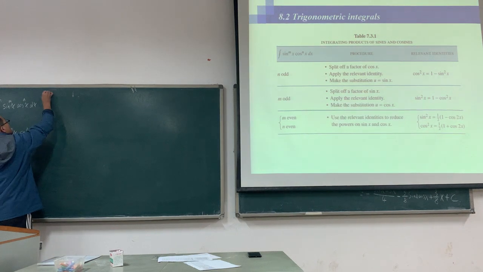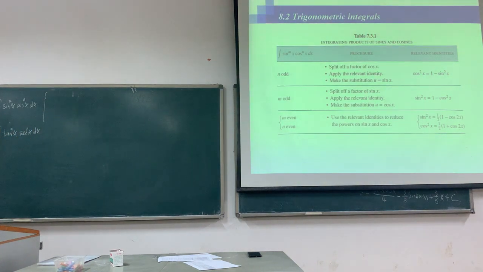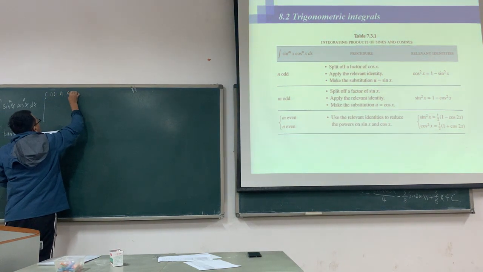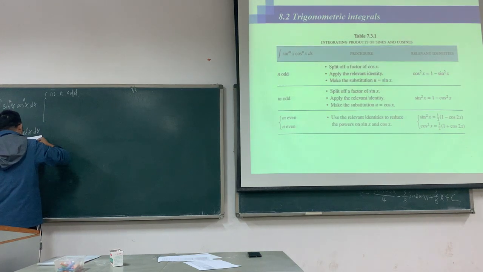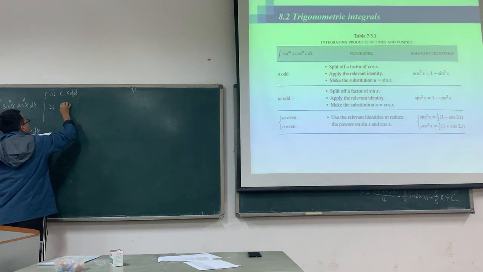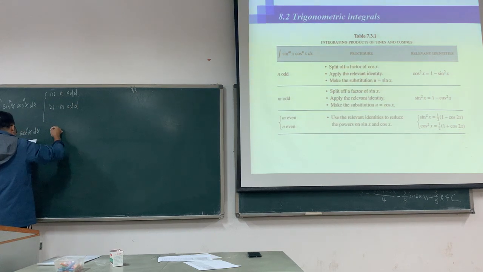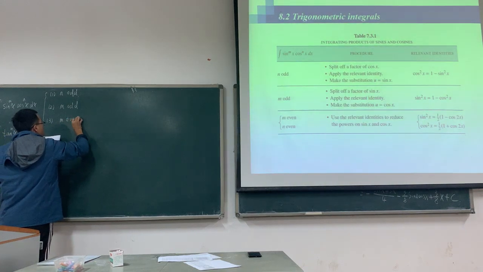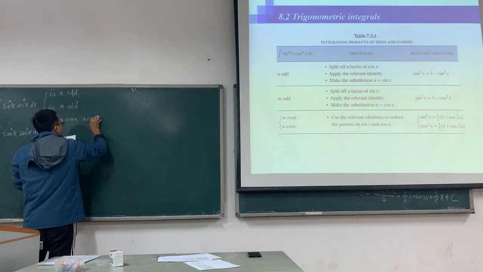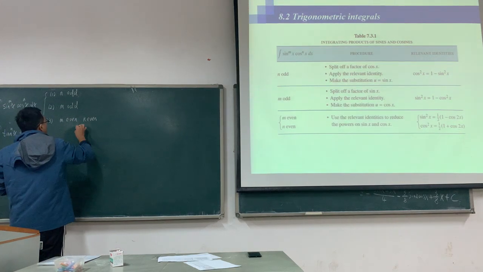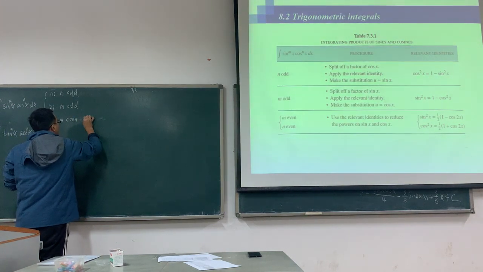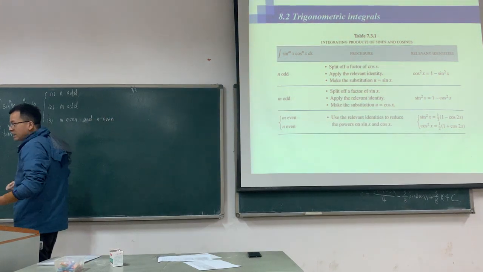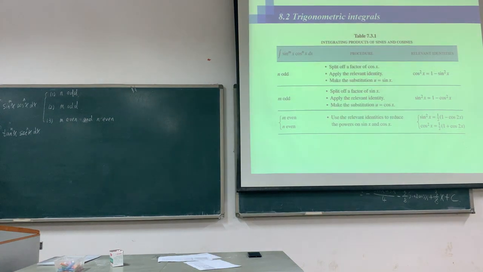The first case is n is odd, the second is m is odd, and the third is m even and n even. For these cases we have different methods.